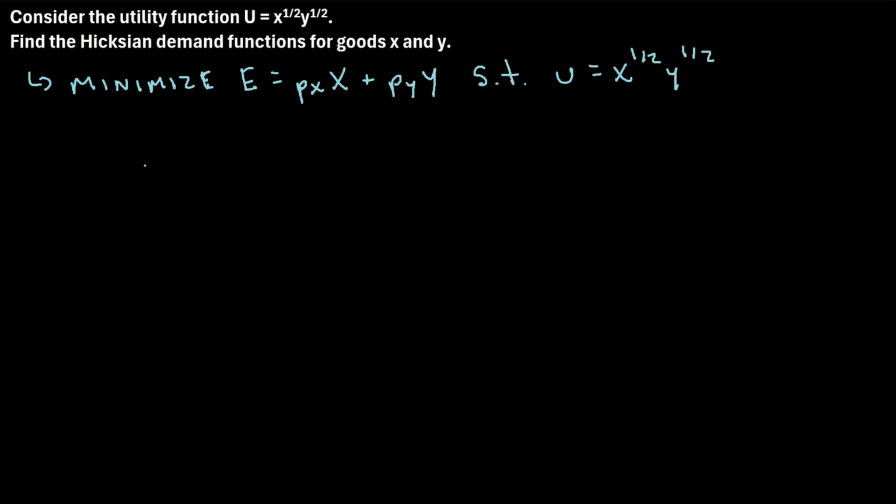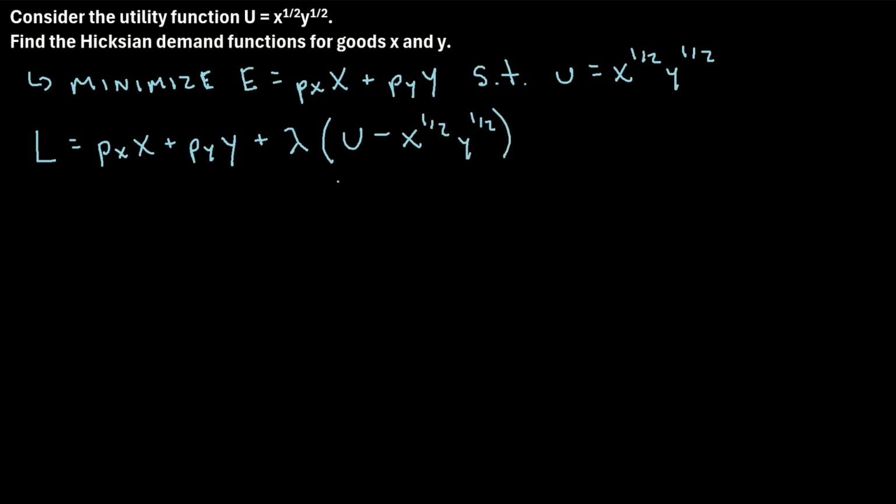The way we're going to solve this problem is we'll start by writing our Lagrangian. Let's abbreviate that as L. It's going to be equal to the right-hand side of this expenditure equation, so P of x times x plus P of y times y, and to that we will add lambda times u minus the right-hand side of our utility function, x to the 1/2 times y to the 1/2.